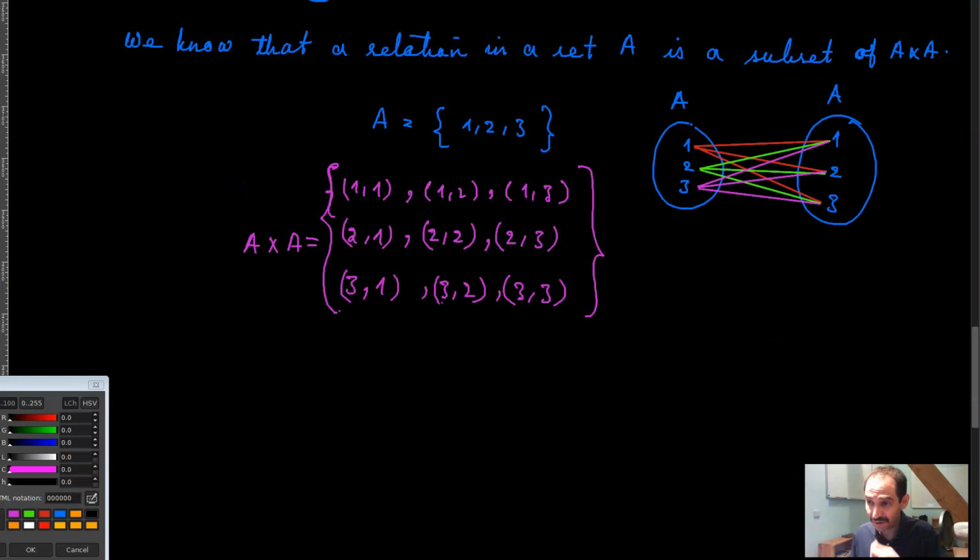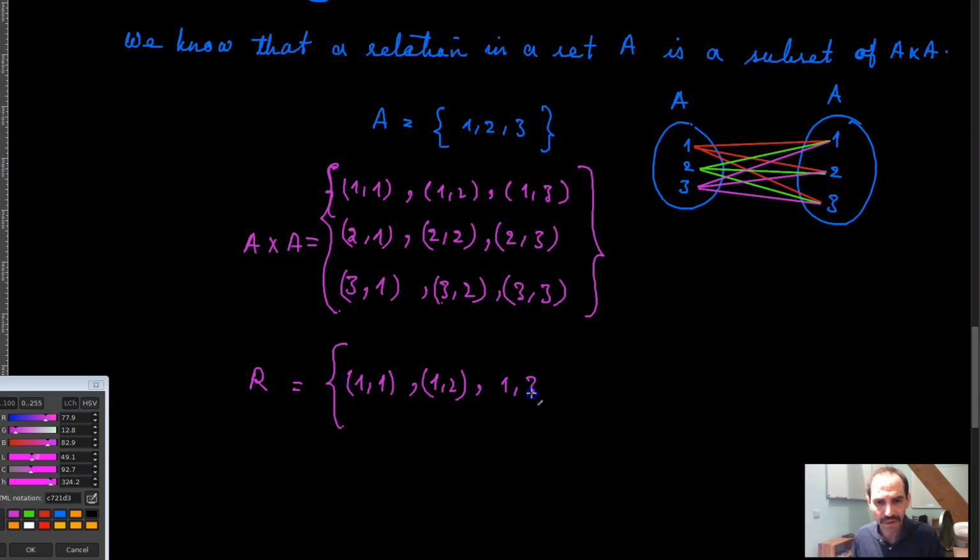You can of course think of this whole set as a relation. Or you can take a subset of this set, call it R, and say that R contains these three elements: (1,2) and (1,3), and (1,1).